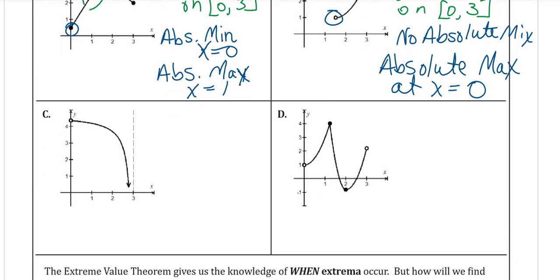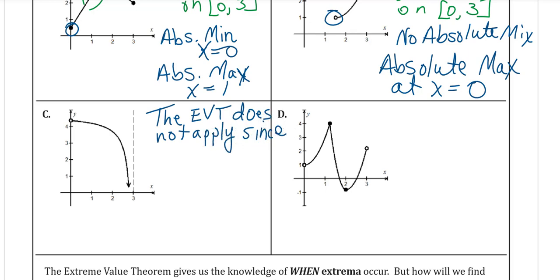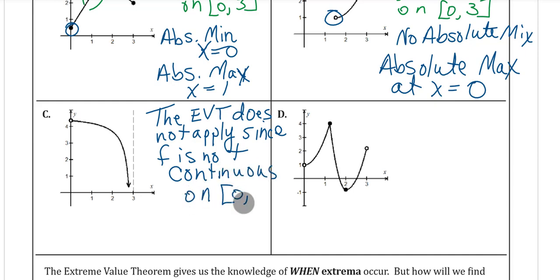Okay, next. Now we have a vertical tangent line at 3. So the EVT does not apply. So again, f is not continuous on our closed interval.